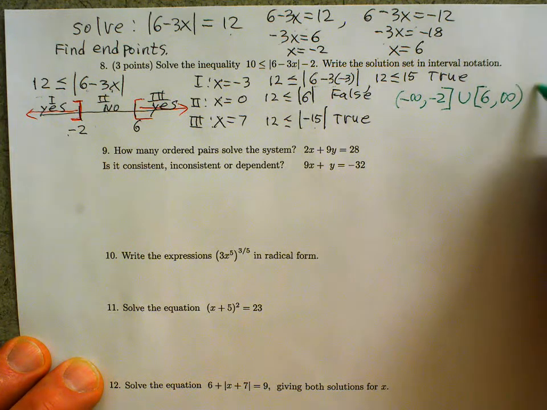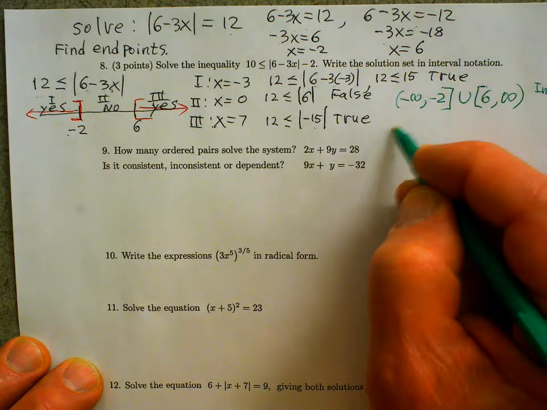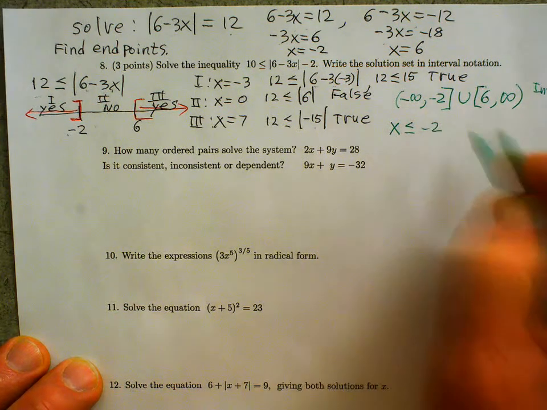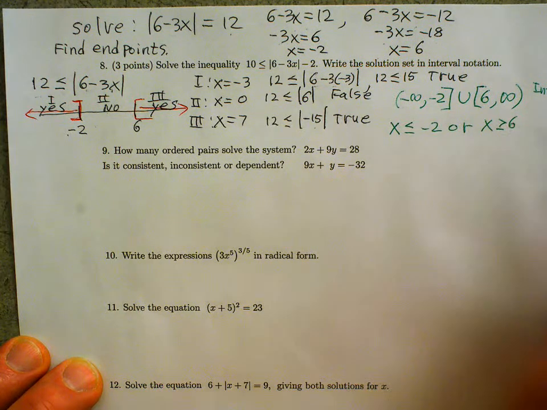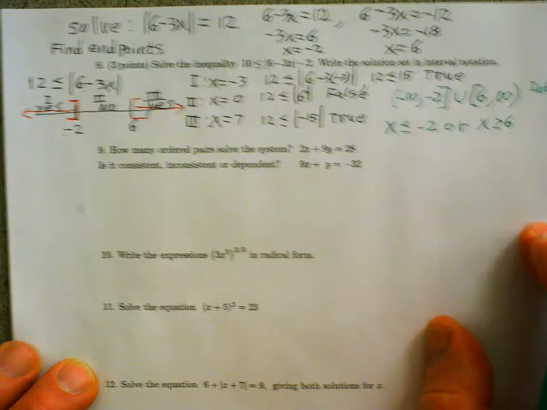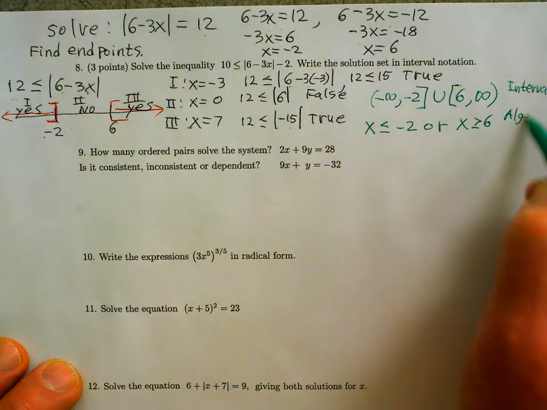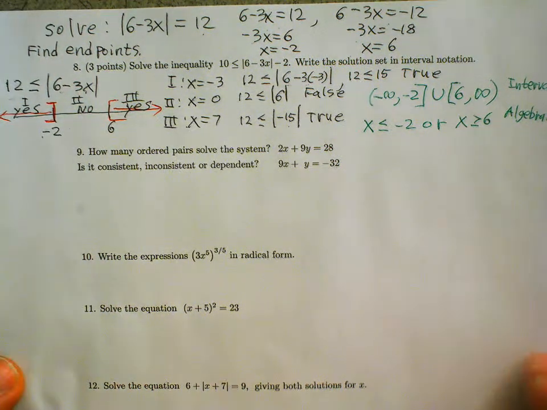This is the interval notation. And then the algebraic notation for the same set of numbers: x is less than or equal to negative 2, or x is greater than or equal to 6. So this is the algebraic notation.